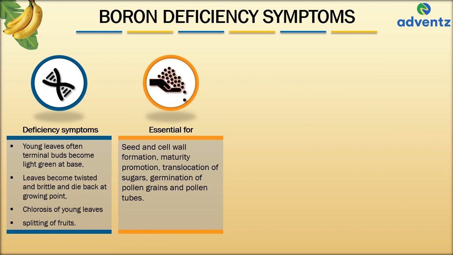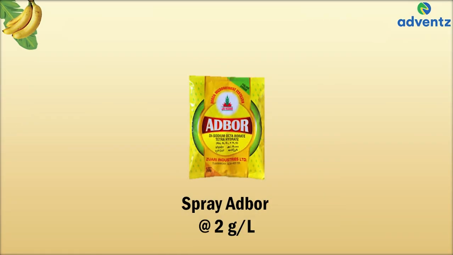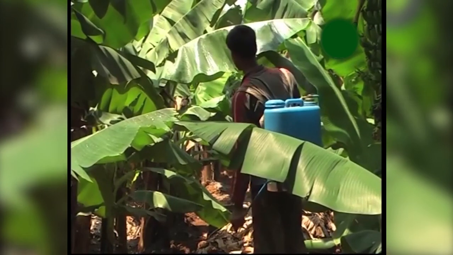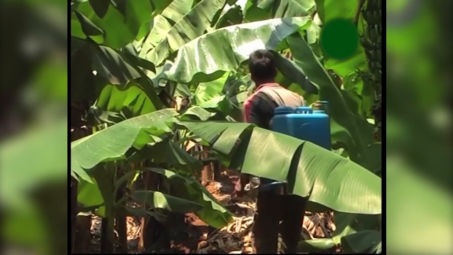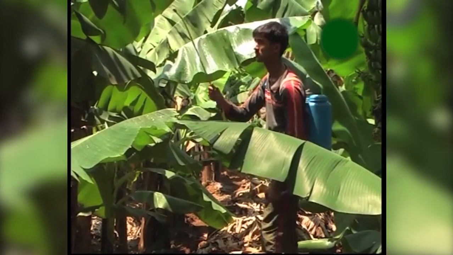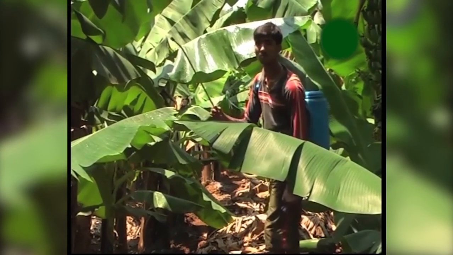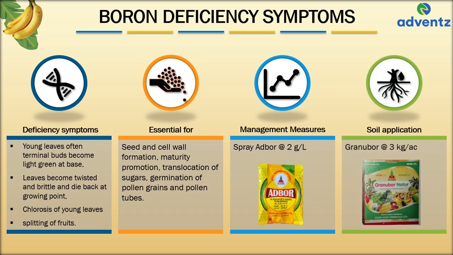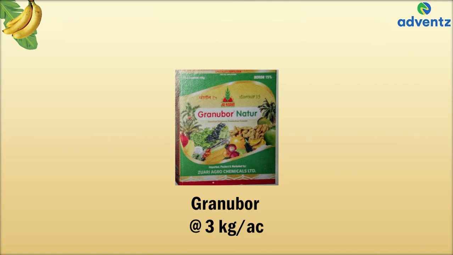To rectify boron deficiency symptoms, we need to spray the crops with Adbor at the rate of 2 grams per liter, and in case of soil application, we need to apply Granbor at the rate of 3 kg per acre.